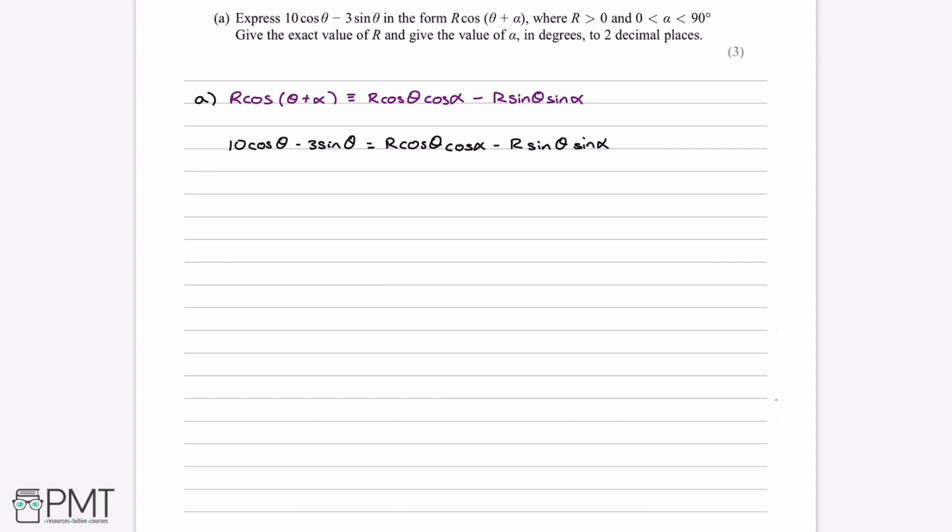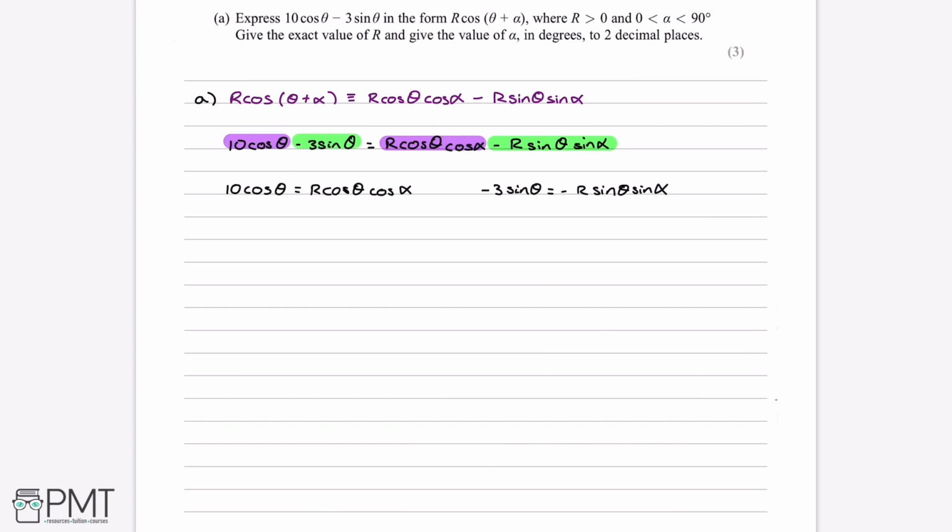We can see on both sides that we have a term with a cos theta in it, and similarly a term with a sin theta on both sides, and we can equate these. So for cos theta, 10 cos theta is equal to r cos theta cos alpha. We can do the exact same thing for sin theta, so minus 3 sin theta is equal to minus r sin theta sin alpha.